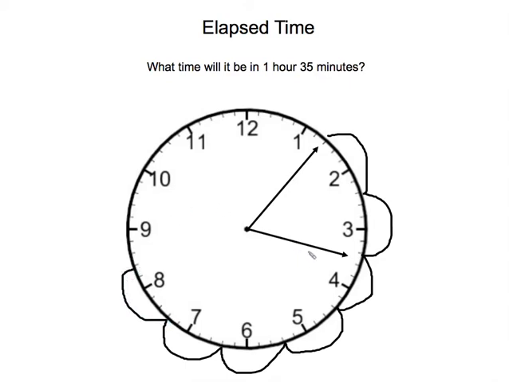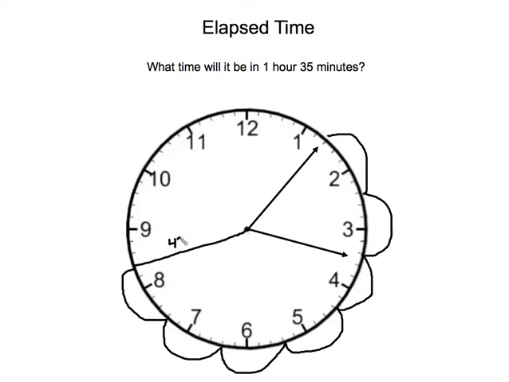Do I need to adjust my hour hand at all? Nope, not yet. I didn't pass the 12, so everything is still fine with the hour hand. I know that my minute hand is going to end up 2 dashes past the 8, which is 42 minutes.